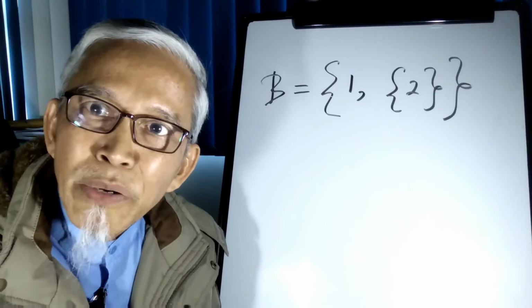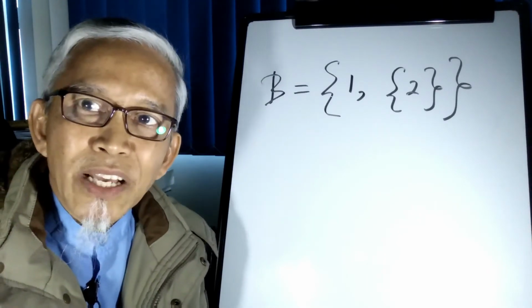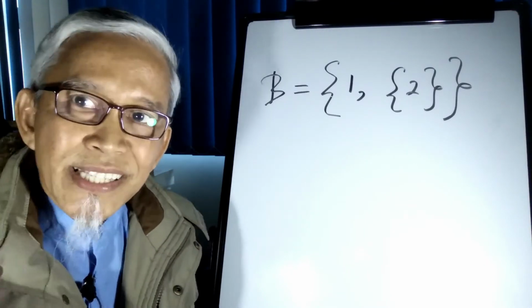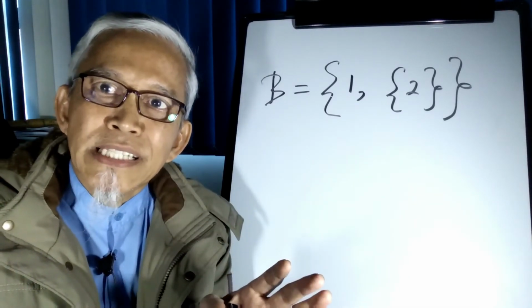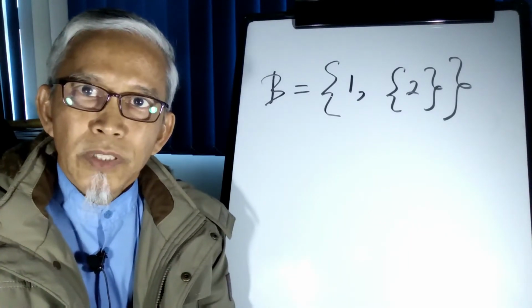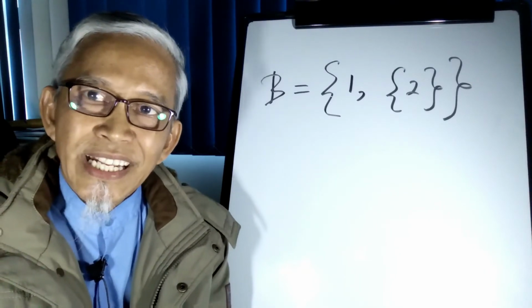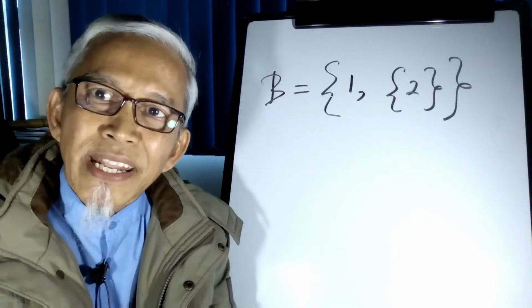Now we ask ourselves, can we have a set of sets, meaning a set contained in a set? The answer is of course yes. We can have a set having elements that are sets, because a set can contain anything. The element of a set can be anything.